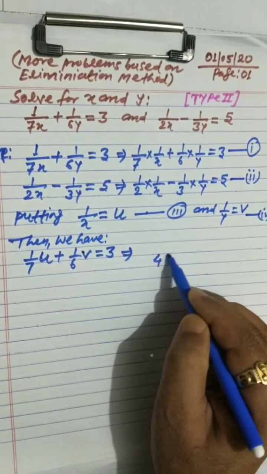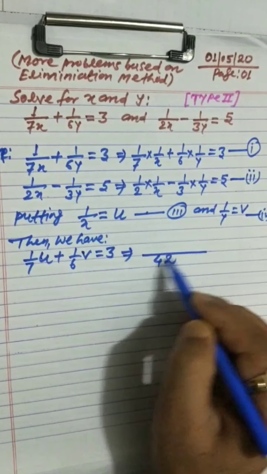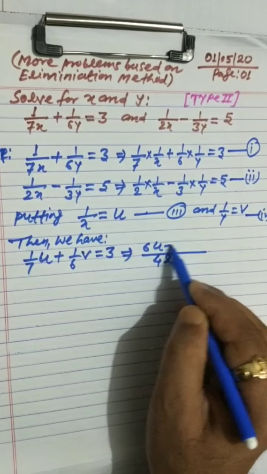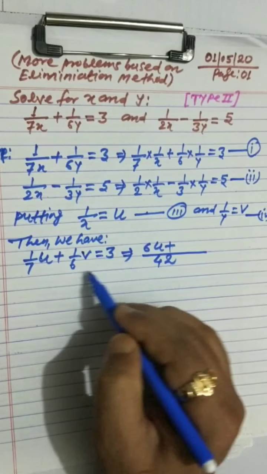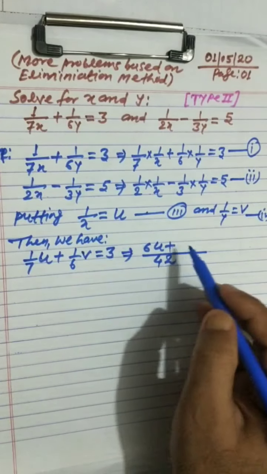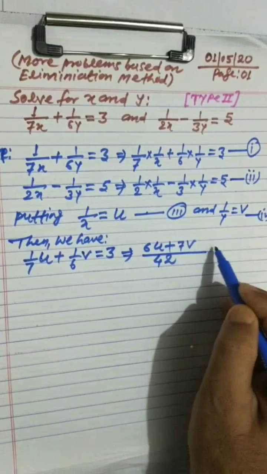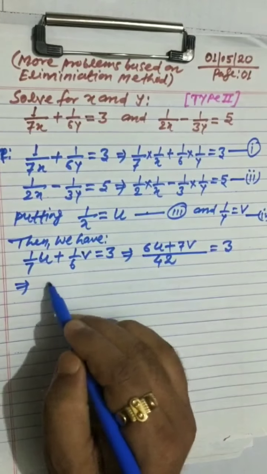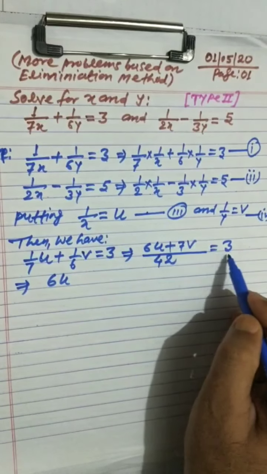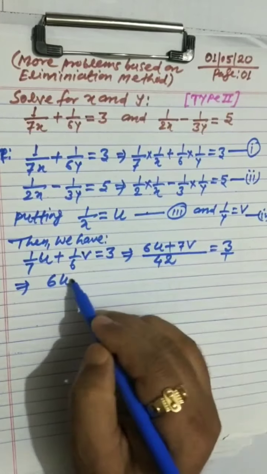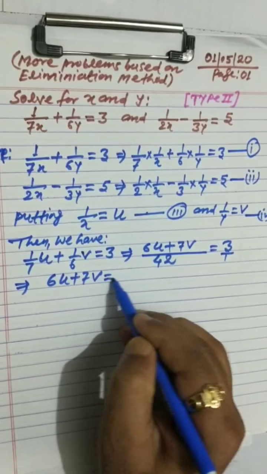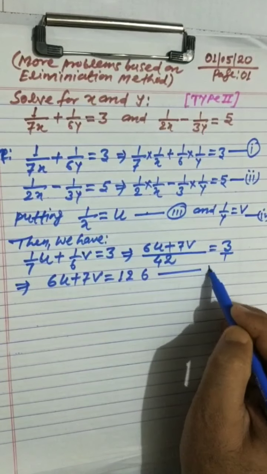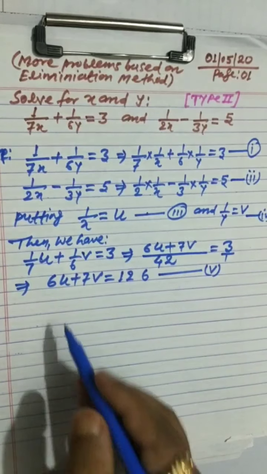We have the LCM 42. 7 6s are 42. 6 multiplied by u will be 6u, plus 42 divided by 6 will be 7. 7 multiplied by v will be 7v is equal to 3, and this implies that, when cross multiplied, it will be 6u plus 7v is equal to 3 times 42, that is 126. Let us consider it as equation fifth.